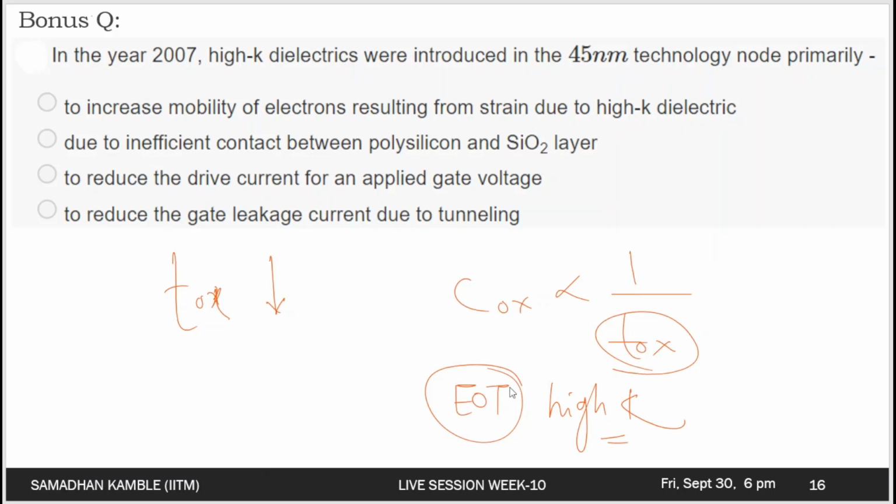So this is the effective oxide thickness, and high-k dielectrics were introduced to reduce the gate leakage current due to tunneling, and also to improve the performance of the capacitors and the MOSFETs that were introduced in 2007.